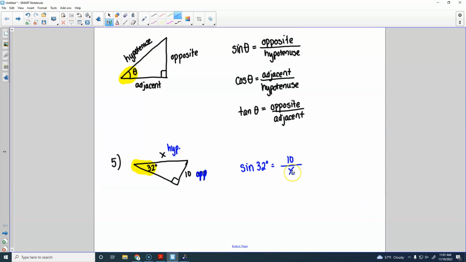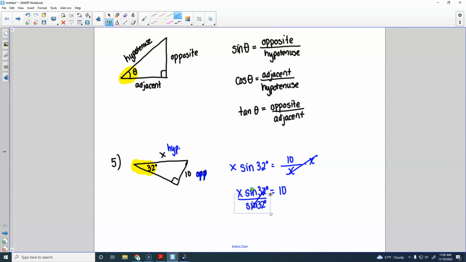All right, so you need to solve this equation for x. X is in the denominator. Can you solve for anything that's in the denominator? No. You cannot. So you are going to multiply both sides by x, which is going to give you x sine of 32 degrees equals 10. Remember, sine of 32 degrees is just a decimal. You can go ahead and plug in that decimal if you want, but I don't. So you're dividing both sides by sine of 32.